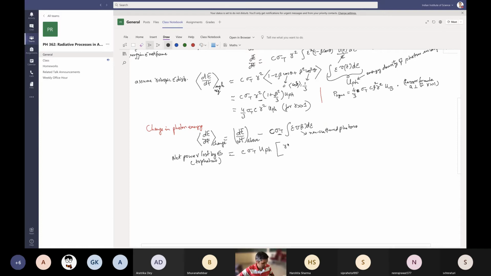So this is gamma squared (1 plus beta squared by 3) minus 1, and this is equal to 4/3 sigma_T c beta squared gamma squared U_ph. This is identical to that, except that U_B has become U_ph.